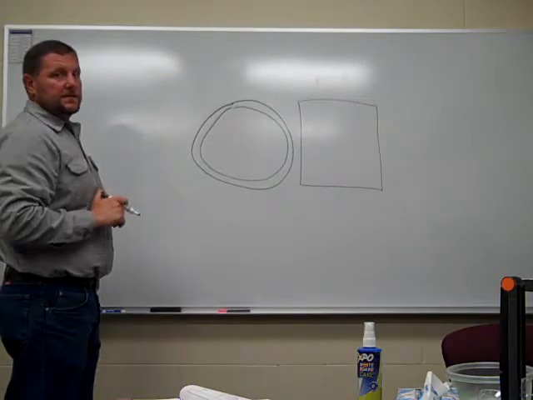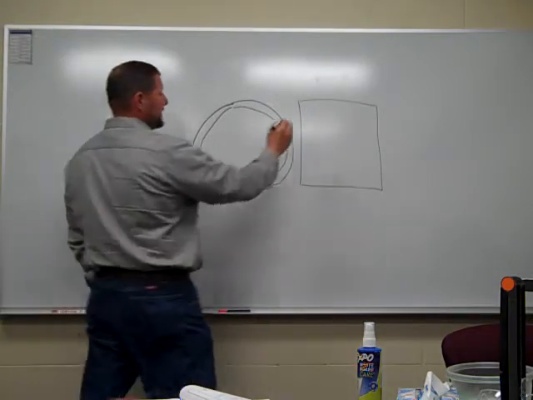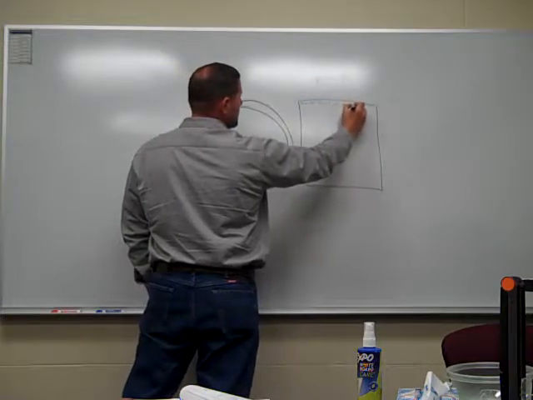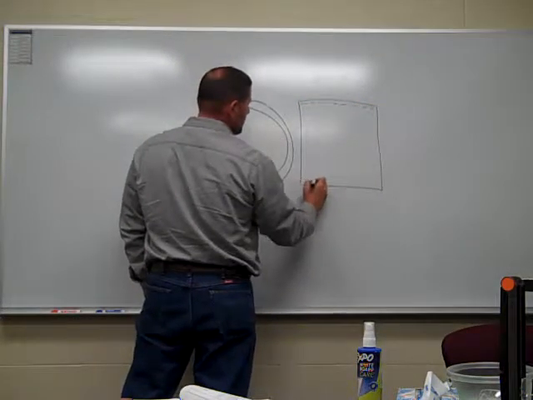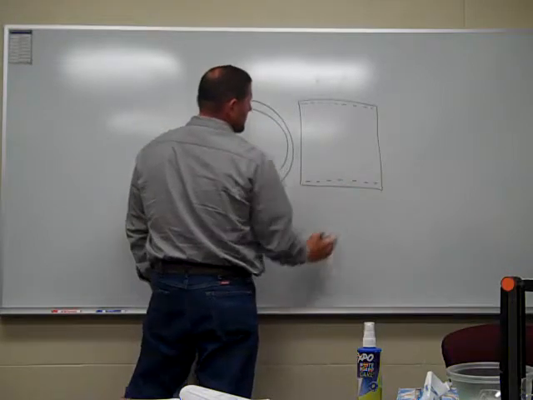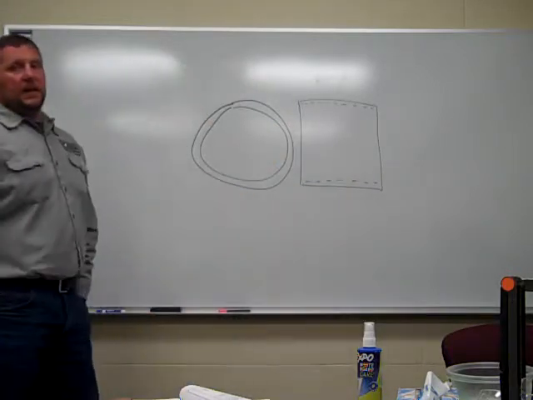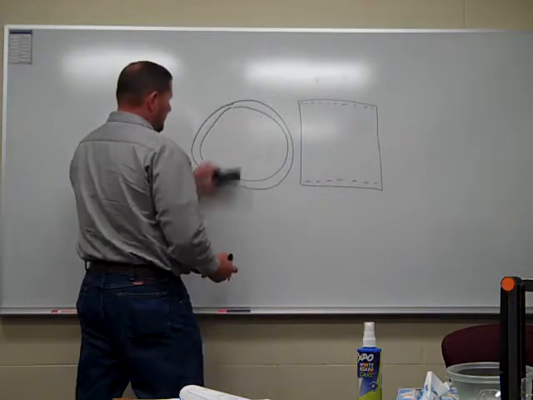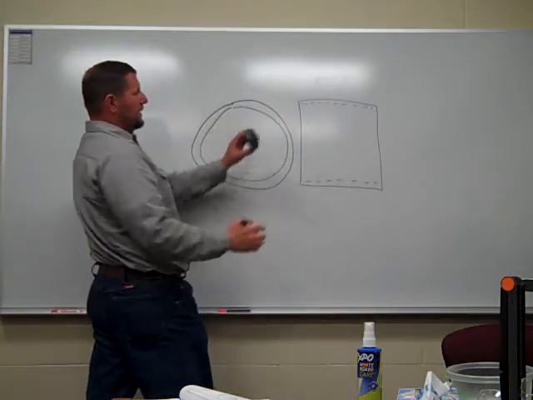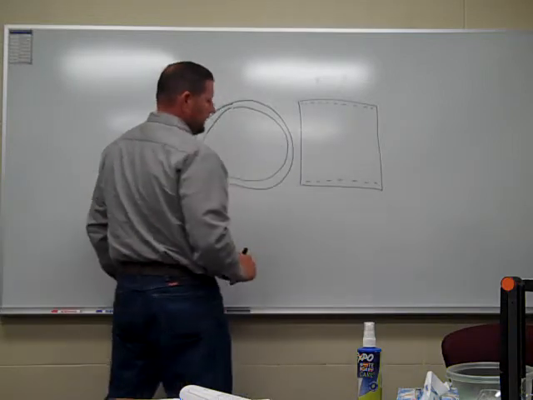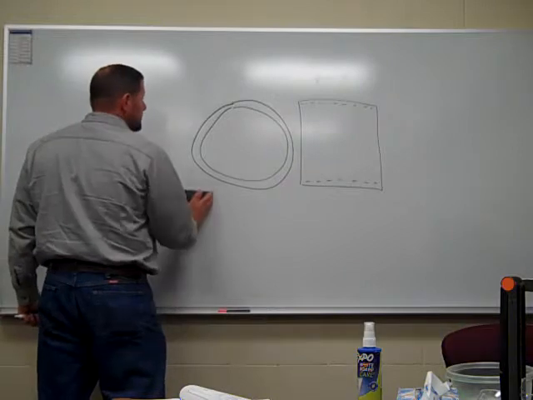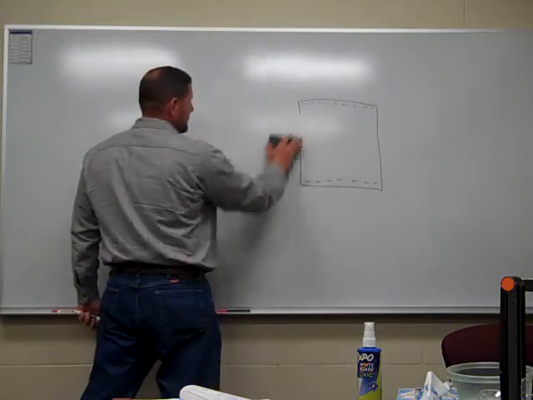I'm not an artist, bear with me here. When you turn that sideways, you would have hidden lines right here. Those hidden lines are telling you that that piece is hollow. As that round turns sideways, you turn it this way, it's hollow, so there's going to be hidden lines there.